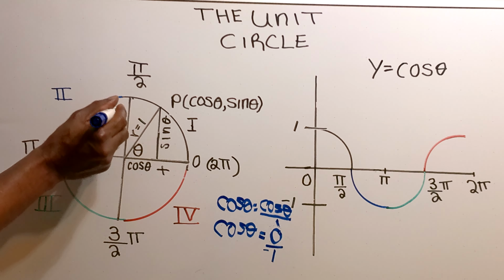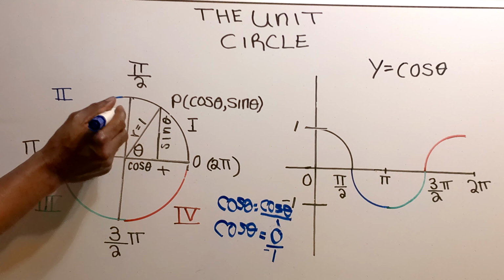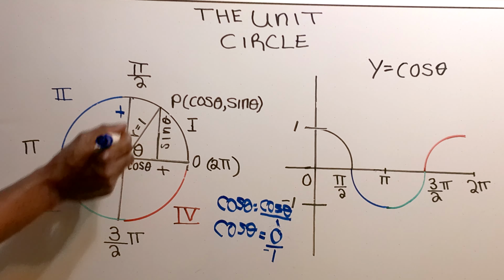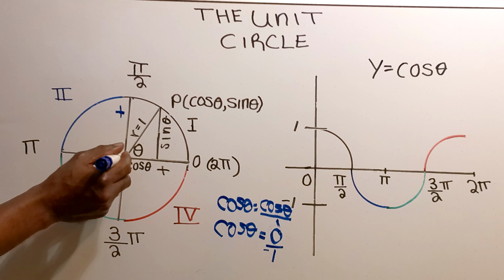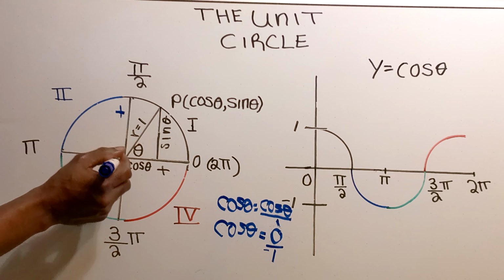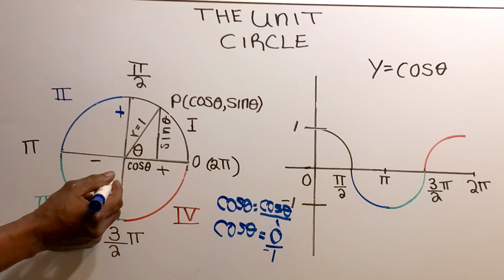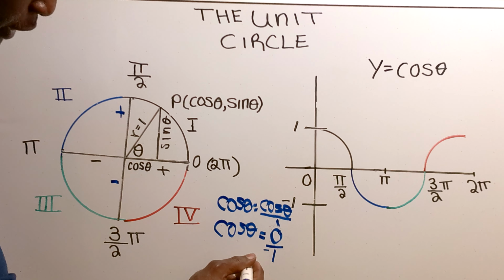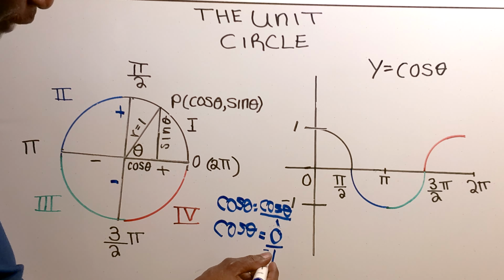On this side of the circle, above this line, these points are positive, and below the center line, these points are negative, which will give me a cosine of 0.